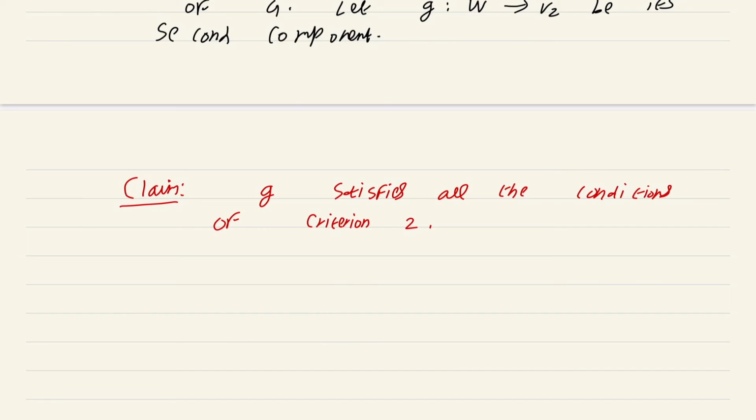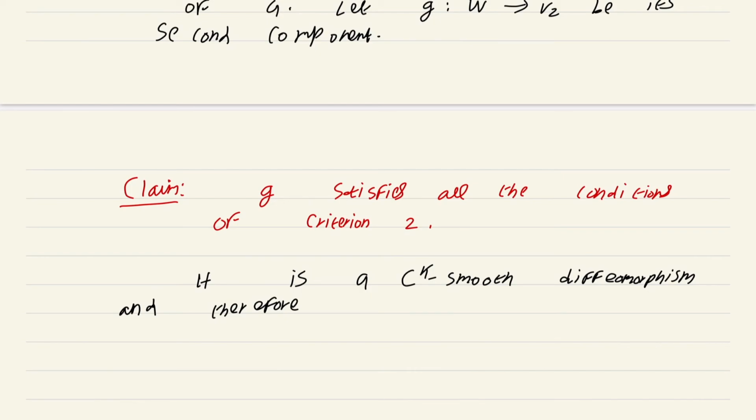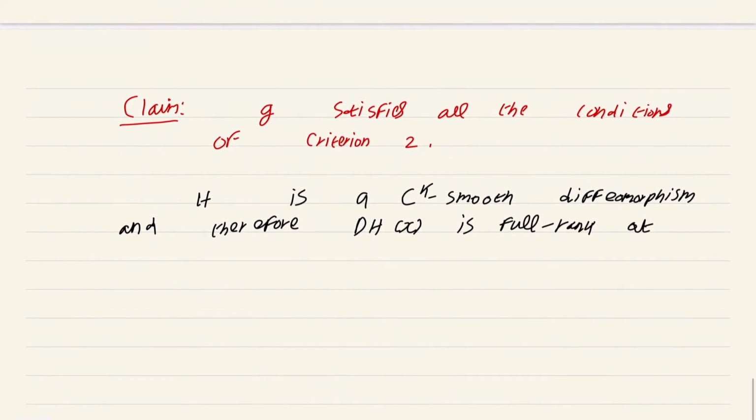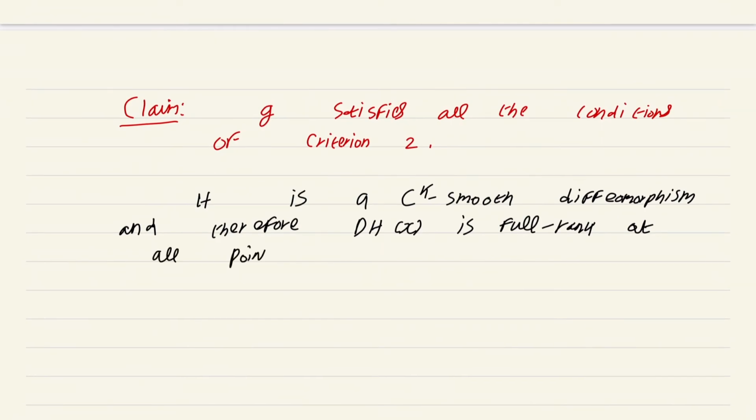Well, we know that the map capital H is a C^k smooth diffeomorphism, and therefore, this is the only place I'm going to invoke the previous lemma, DH of X is full rank at all points of W. Okay.